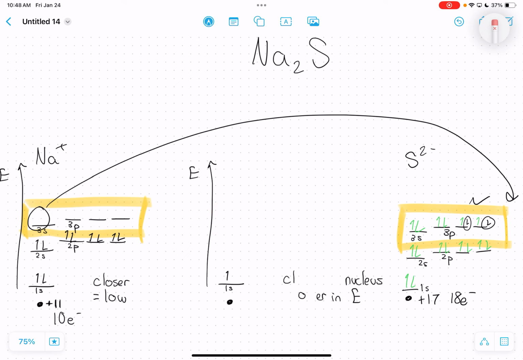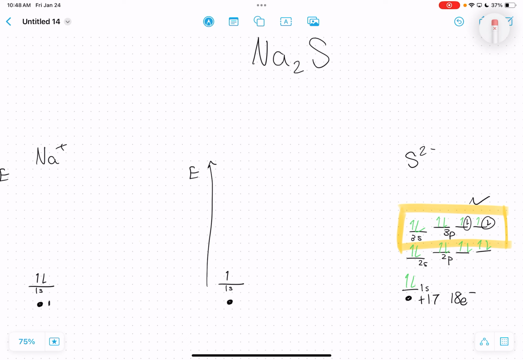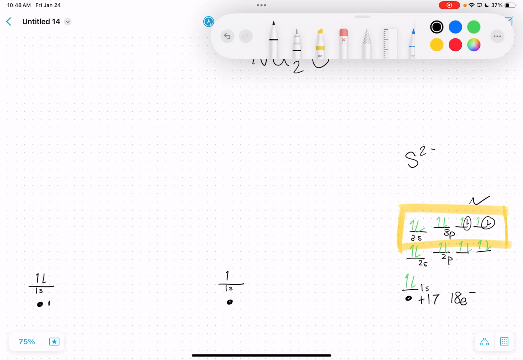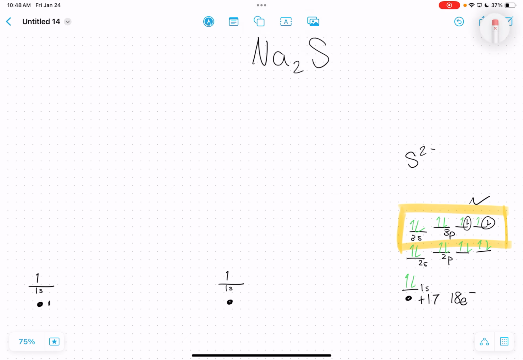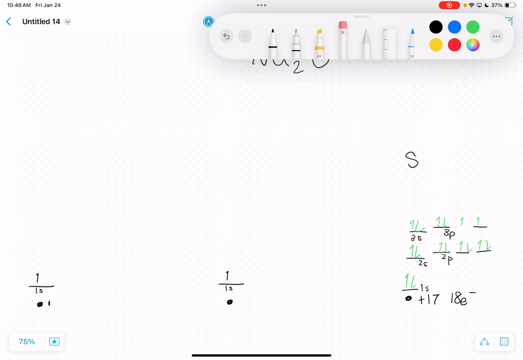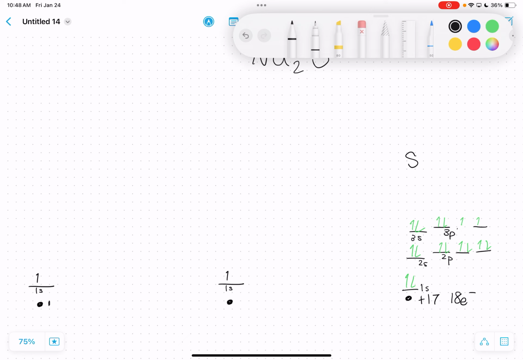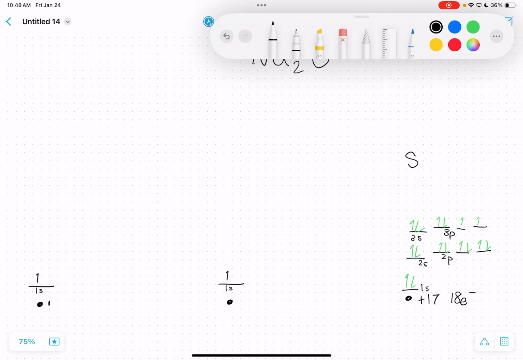All right, last thing, just for fun. We're going to change our drawing again, and we're going to show hydrogens, individual electrons, what the orbitals looked like. Okay, so same thing before with the sulfur. It had those two empty spots.